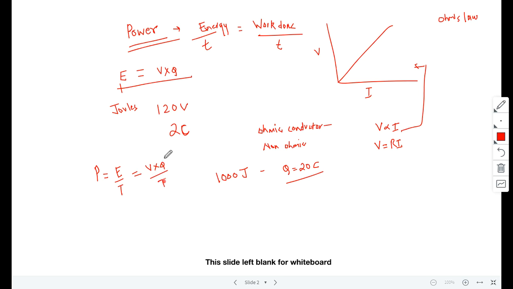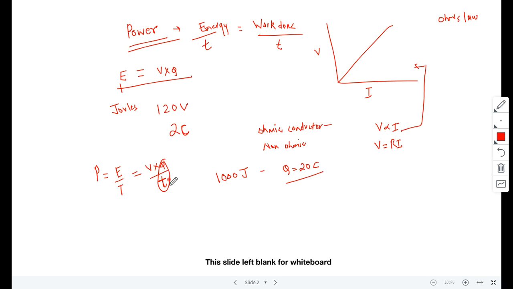Now you tell me, what is Q divided by T? Q divided by T is charge over time.